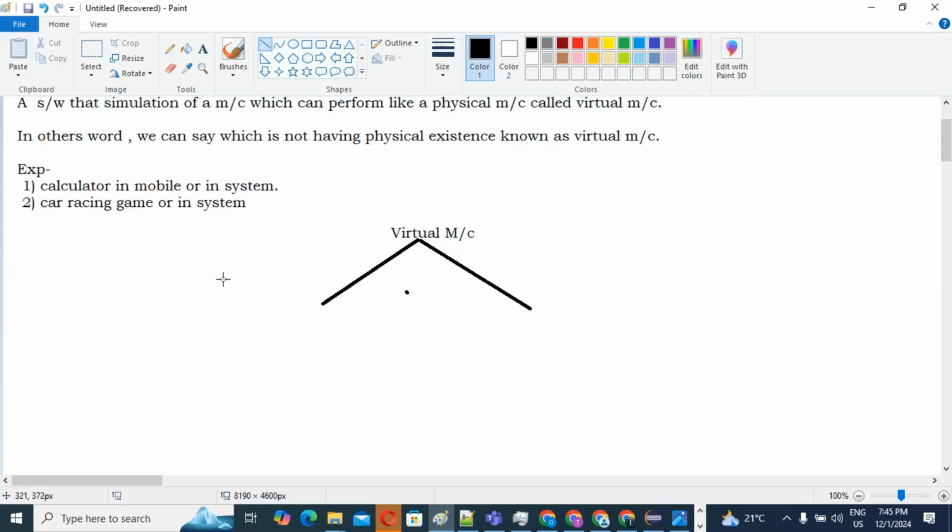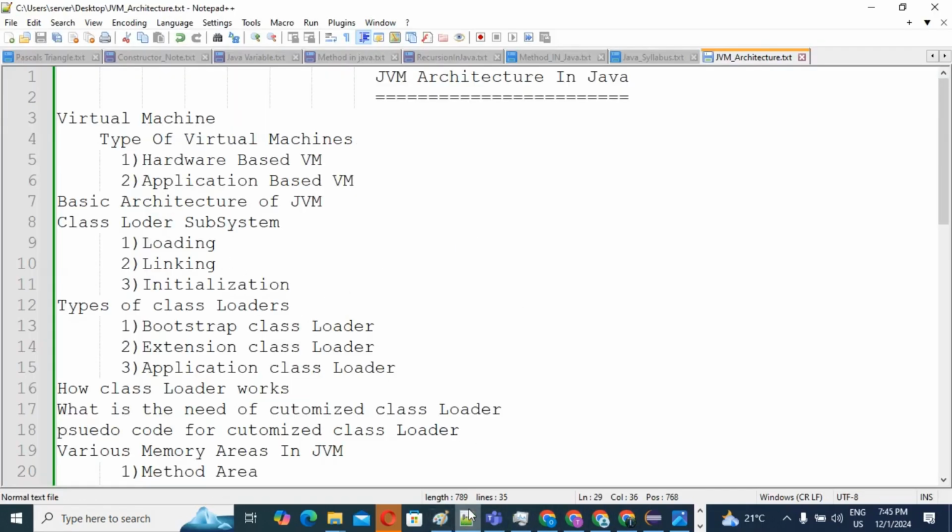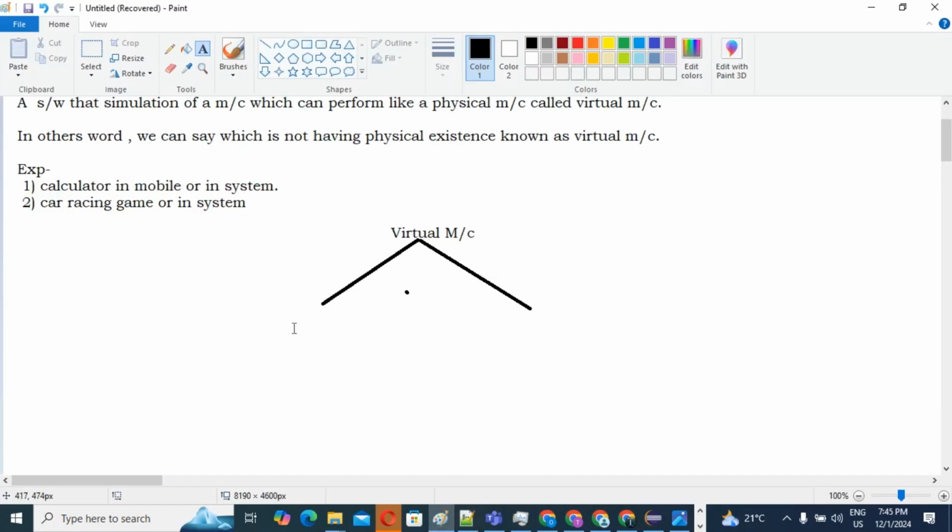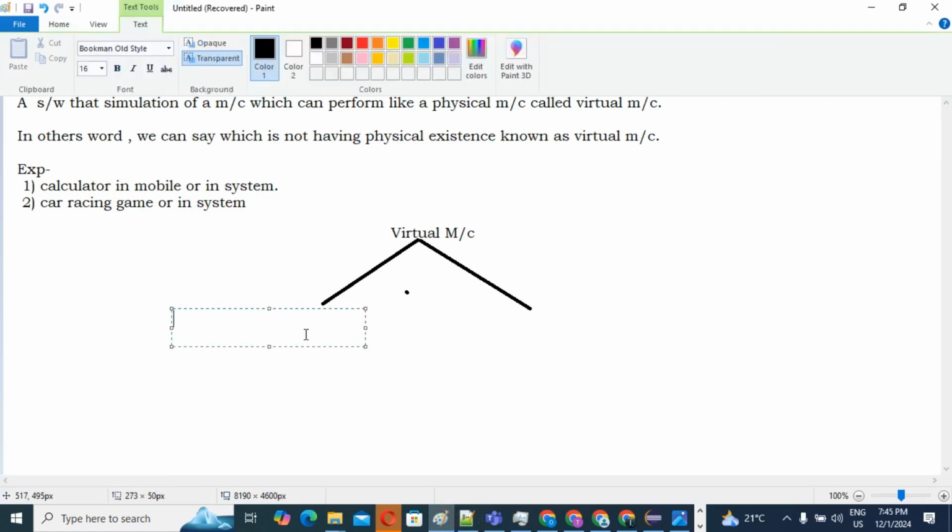The first type of virtual machine is hardware based virtual machine. Already I mentioned it here. First is hardware based VM, right? Yes, no, guys.